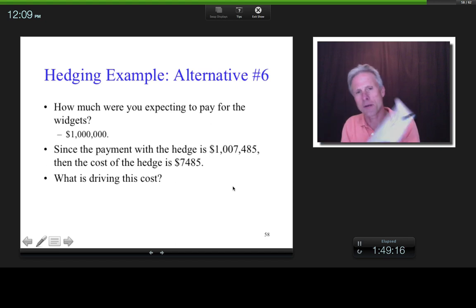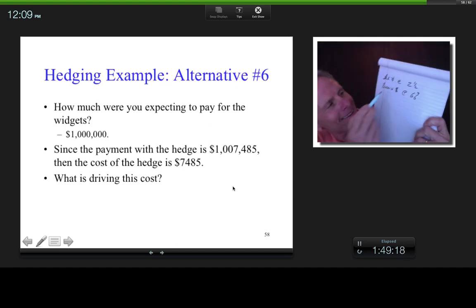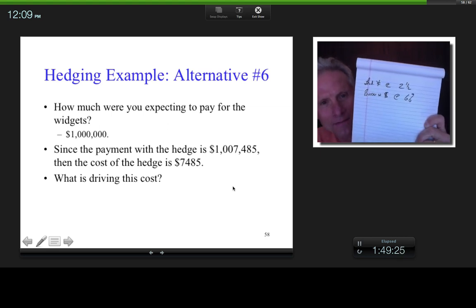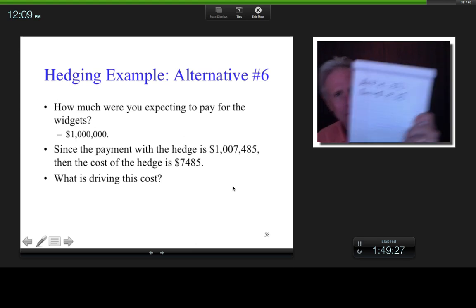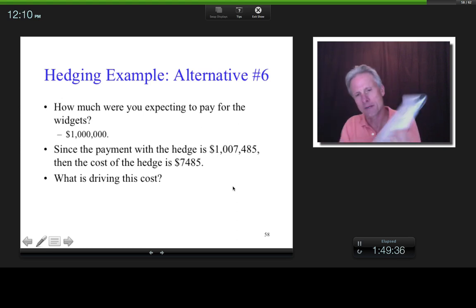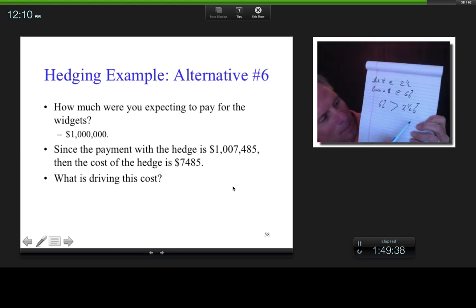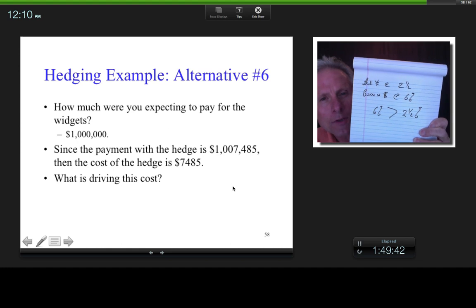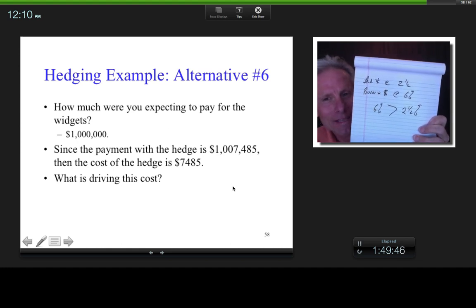That was 6%, right? So we're lending yen at 2.5%, and we're borrowing dollars at 6%. So the fact that 6% is greater than 2.5%, the fact that we're borrowing at this number and lending at this number, is that what is driving that cost? It would appear so, right?